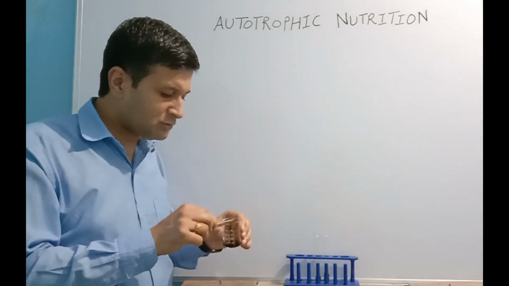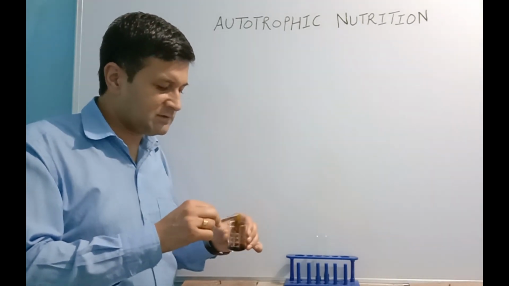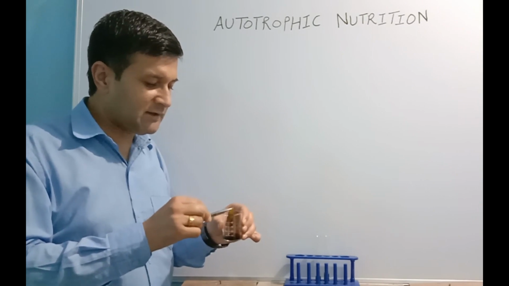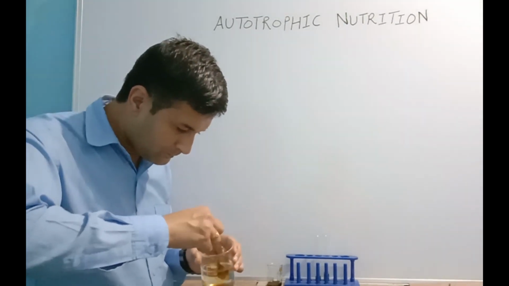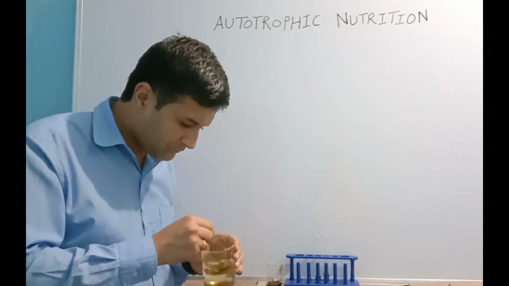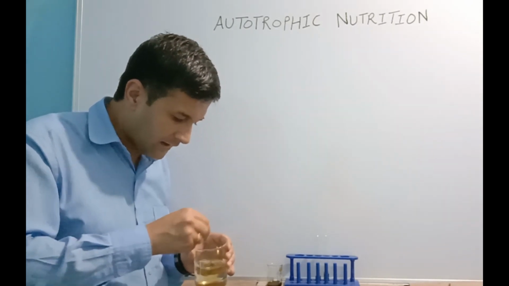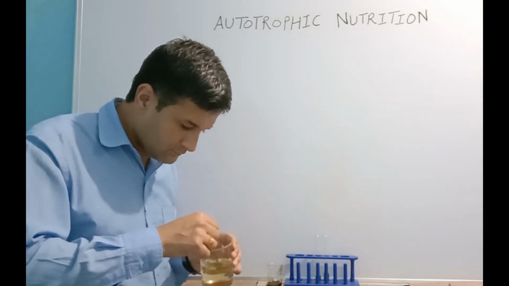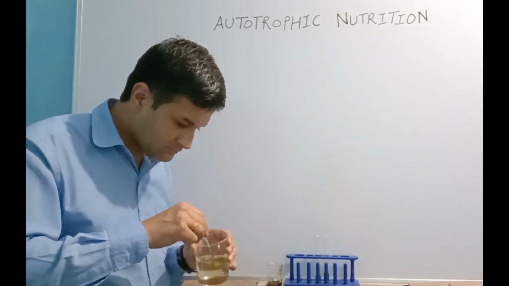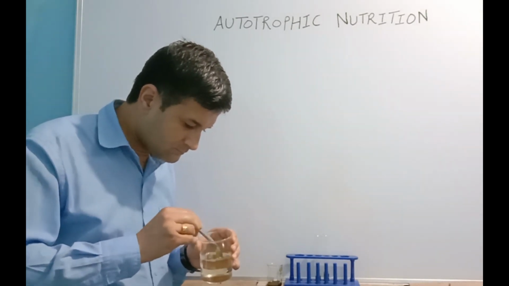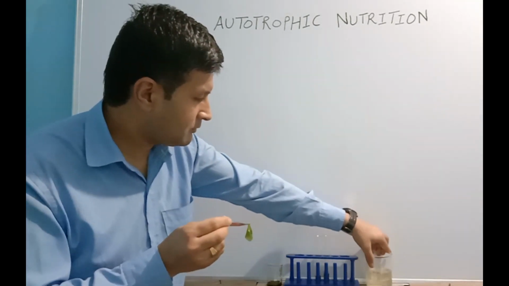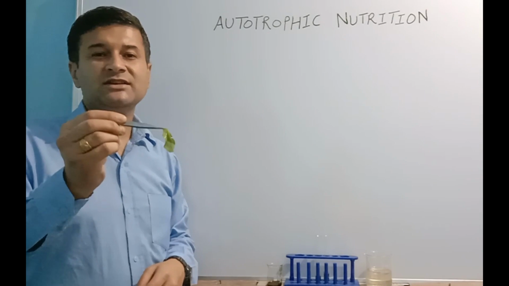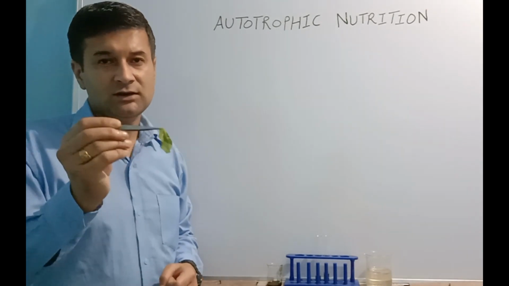And now I am going to rinse off the excess iodine present on the leaf with water. So I am rinsing off the excess iodine in water. Here you see that there is no change in the color of the leaf.